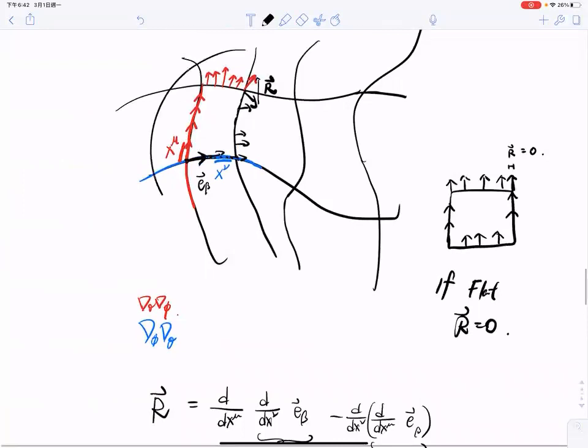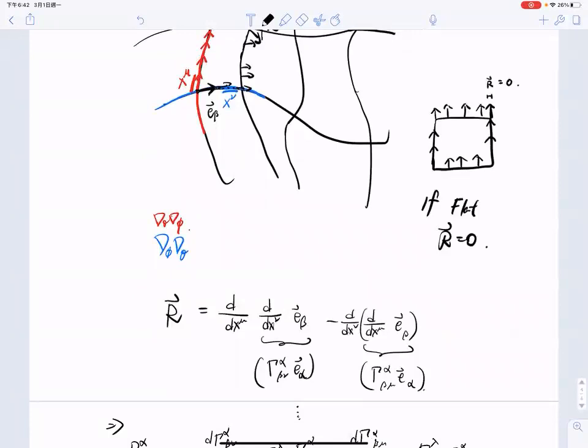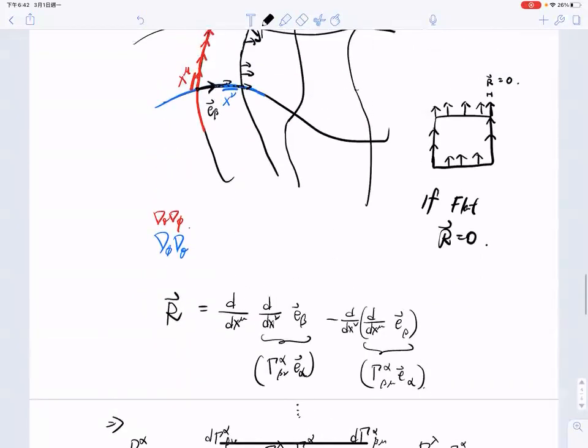So if you want to see how to derive it mathematically, basically the R factor is like what you have learned about coordinate transformation, right? If I want to transform from this point to this point, you have to multiply these two.